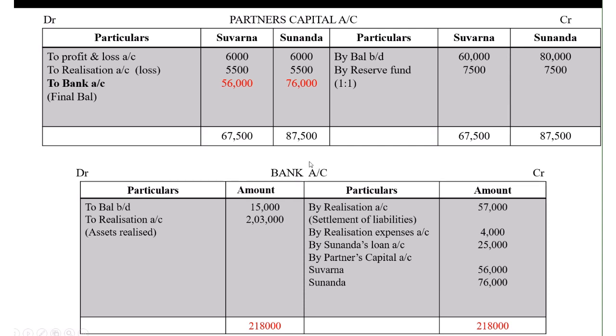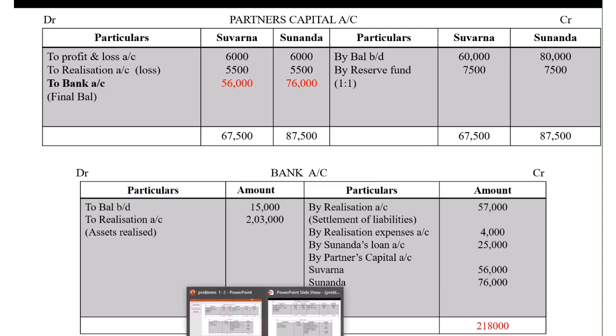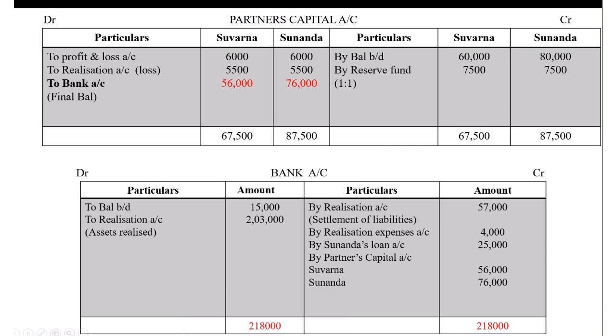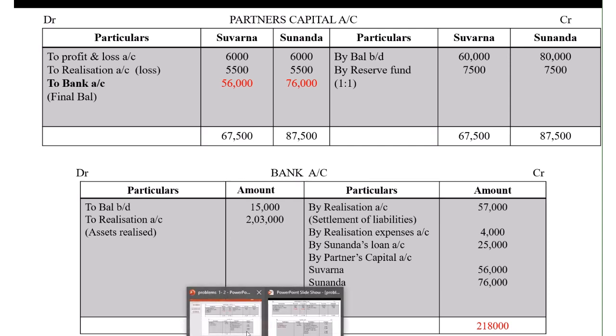And next we are preparing the bank account. Here, 'to balance brought down', whatever the bank balance is in the balance sheet, we take on the debit side, 15,000. And all the assets realized, we take here, 2 lakh 3,000.